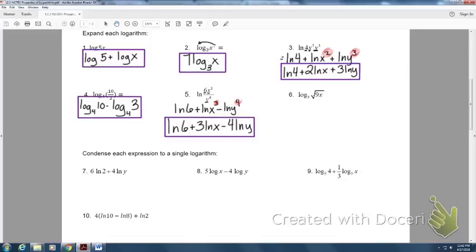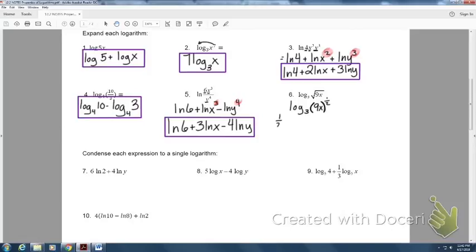Okay. Going to number 6. You want to rewrite this with an exponent because there's really no property that talks about a radical. But we know that square rooting something is the same as raising it to the power of 1/2. Okay, so because I've got this parentheses right here, I need to deal with that 1/2 first.